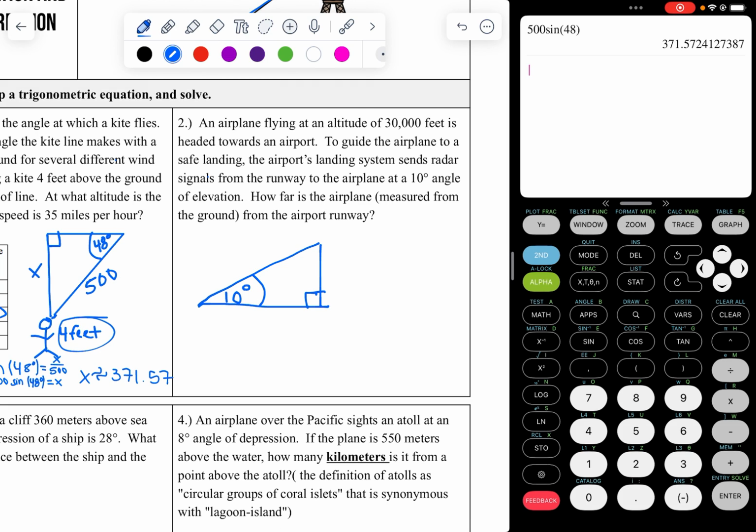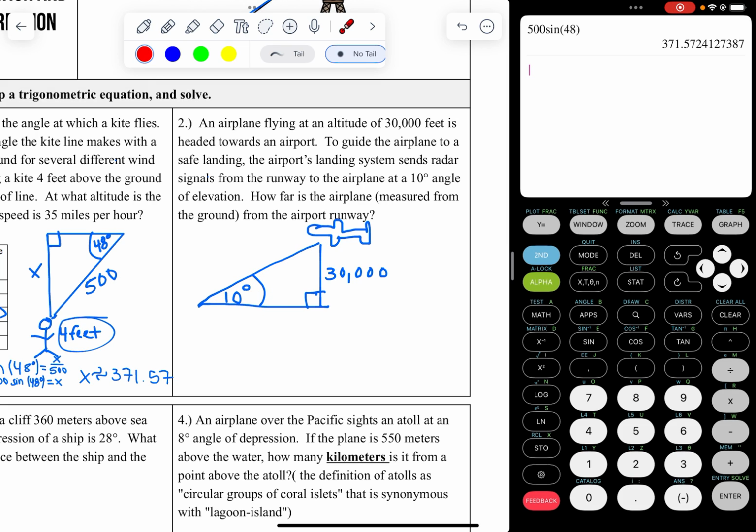So we know it's flying at 30,000 feet. Here's my super rough looking airplane flying towards the airport. It's flying at 30,000 feet, angle of elevation. So from the horizontal sight line up to the plane is 10 degrees.